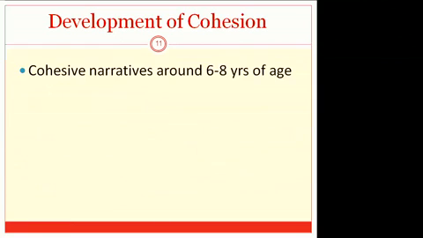What we know about the developmental trajectory of cohesion is that most children can typically create narratives that are pretty cohesive by the time they're about 6 to 8 years of age. So by 6 to 8 years of age, children make narratives that include these elements of cohesive ties and are pretty easy to follow.